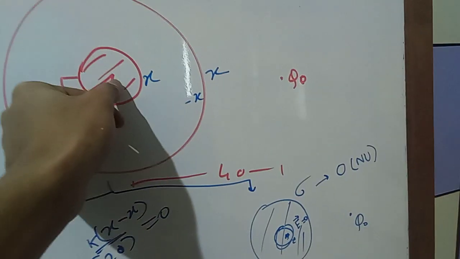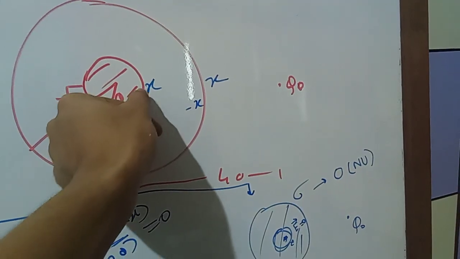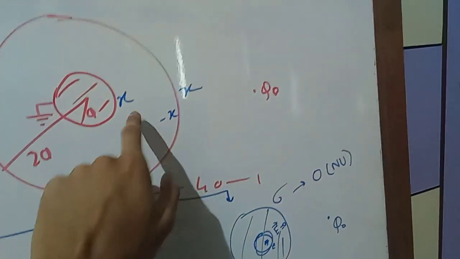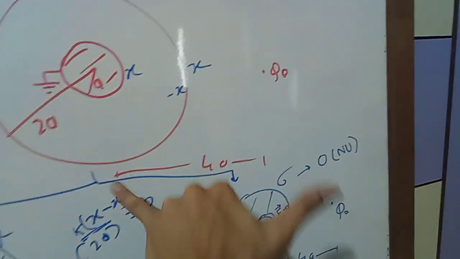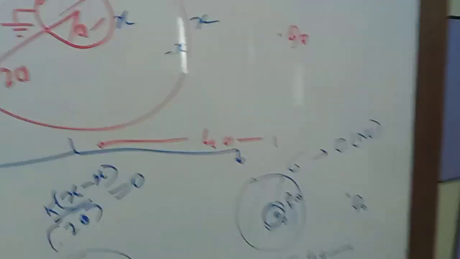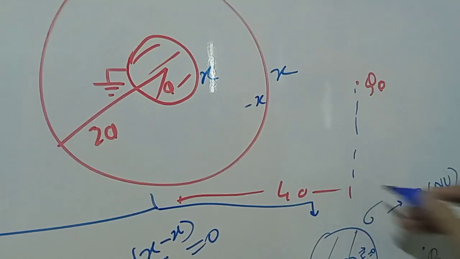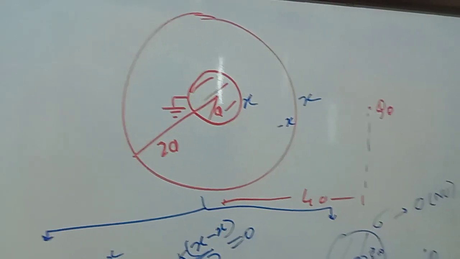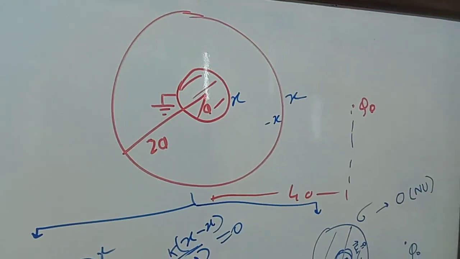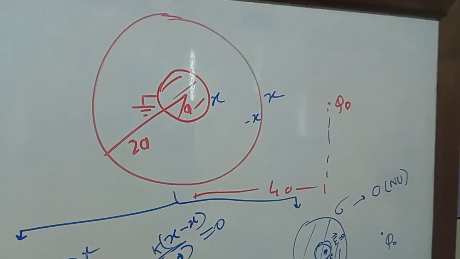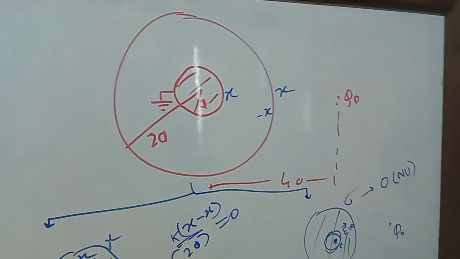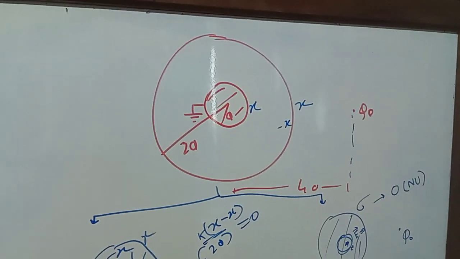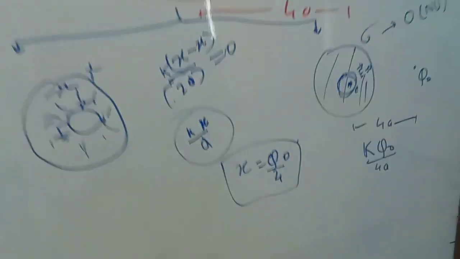Thus the potential in between is the potential just at the periphery, I mean the border on the surface of this, which is kq naught by 4a. Then we can say the potential due to the outer shell is obviously 0 because the net charge is 0, and due to the charge on the sphere it is kx by a. Thus we get x as this.